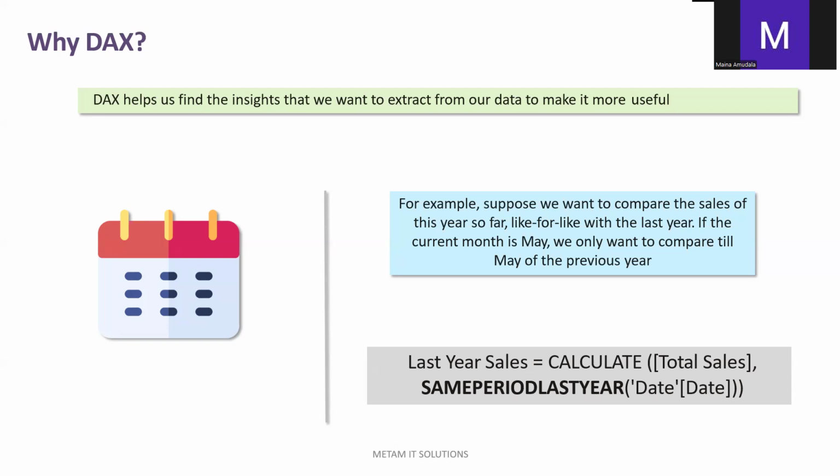So here we use the expression Last Year Sales. This is the measure name. Last Year Sales equals CALCULATE. What are we calculating? The total sales. We are calculating the total sales for the same period last year. This is a function: SAMEPERIODLASTYEAR, and the date. On which date? Today's date. So we are calculating the previous year's data for total sales. This is the syntax of how we write the formula.